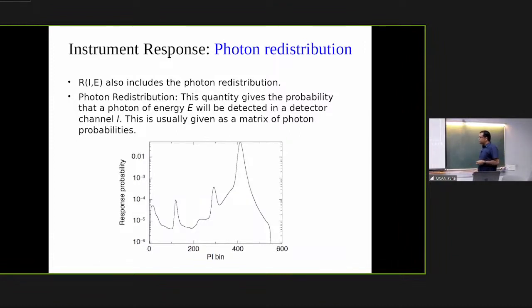For example, if a photon is absorbed photoelectrically, and let's say the K electron is ejected out, then another L shell electron will jump into it, and that will produce a K alpha photon. Now this is an X-ray photon, and this photon can actually escape the medium, escape the detector.